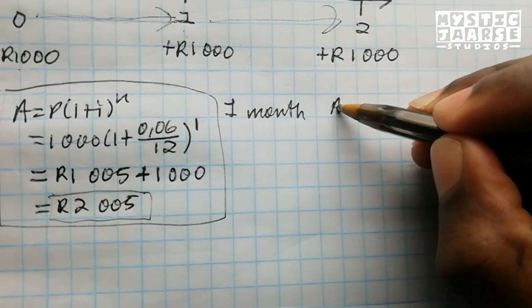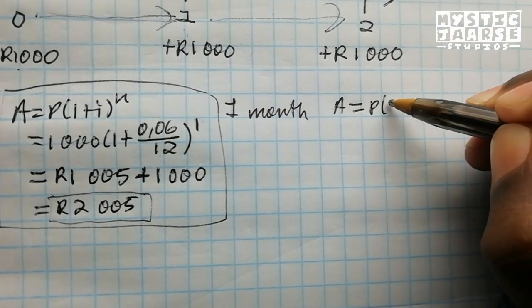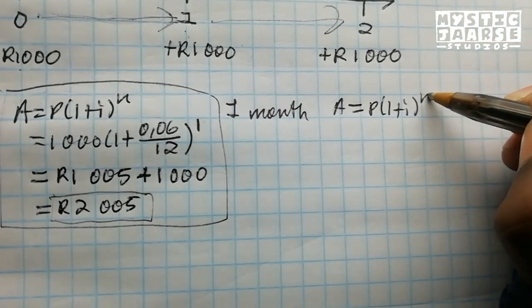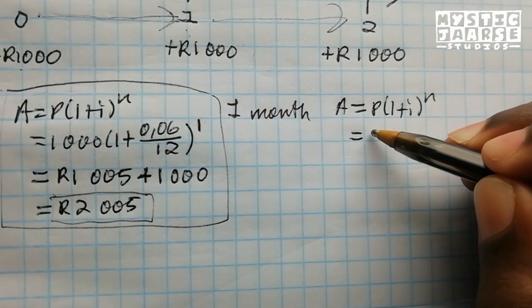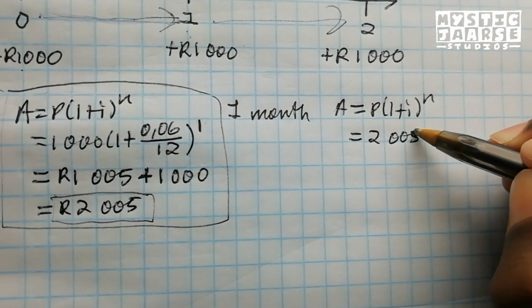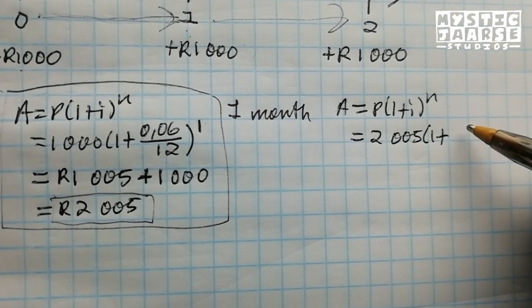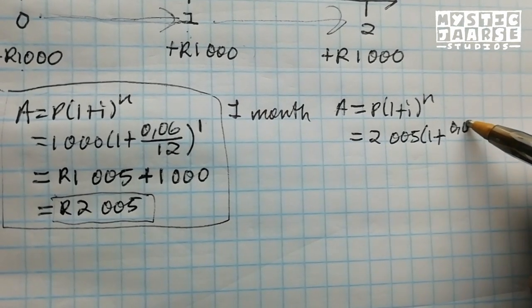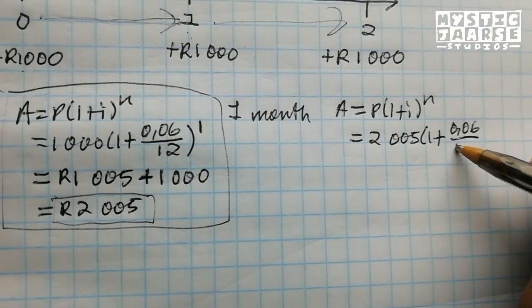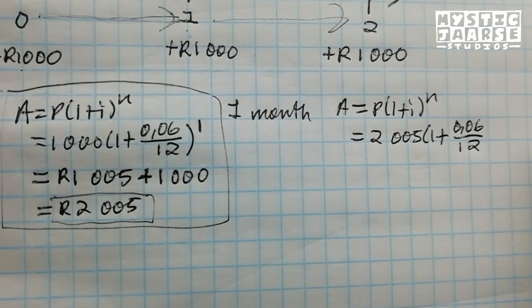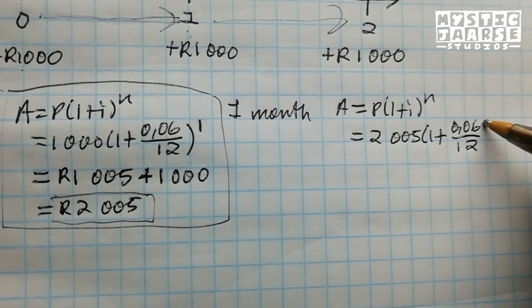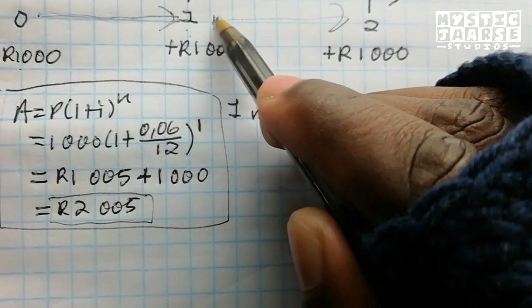So we have accumulated amount is equal to principal amount times 1 plus i to the power of n. Our principal amount is 2005 rands times 1 plus interest rate is 6%, but 6% divided by 100 is 0.06, divided by compounding frequency is 12 because it is 6% per annum compounded monthly, to the power of 1 because we're still focusing on 1 month.